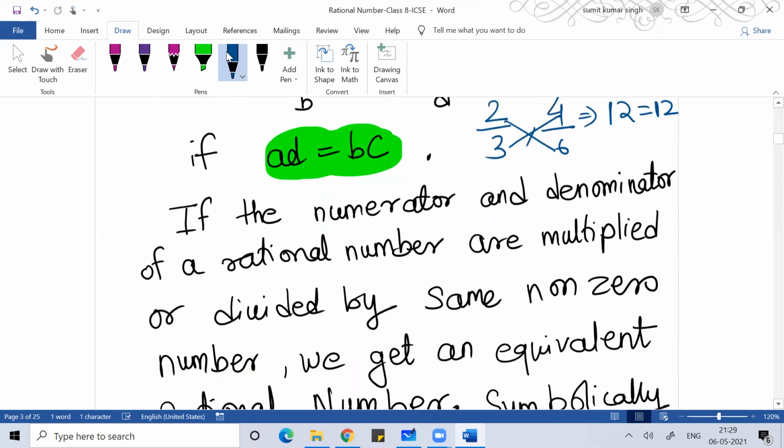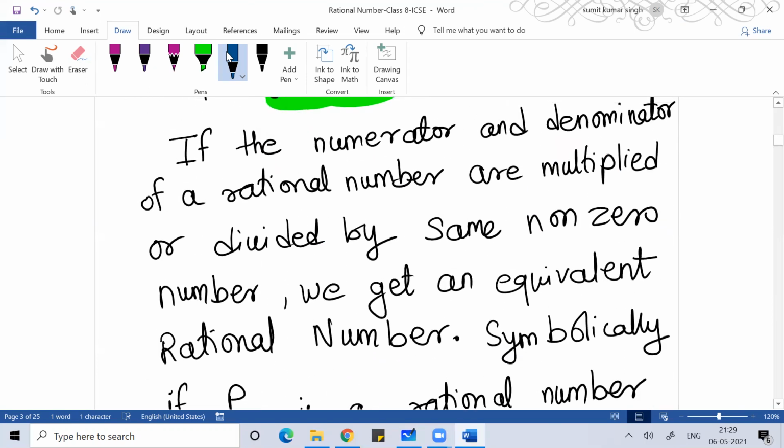How do you get an equivalent rational number?